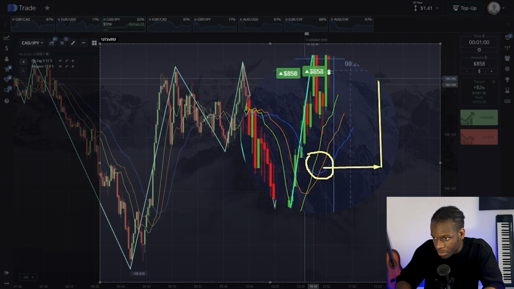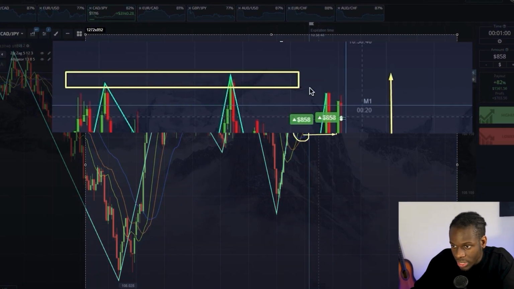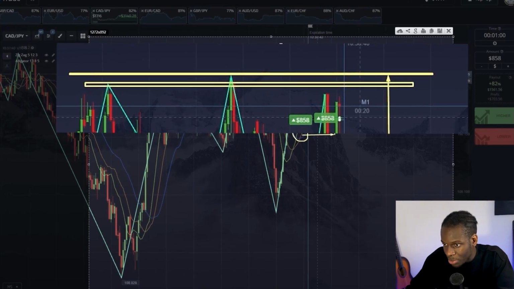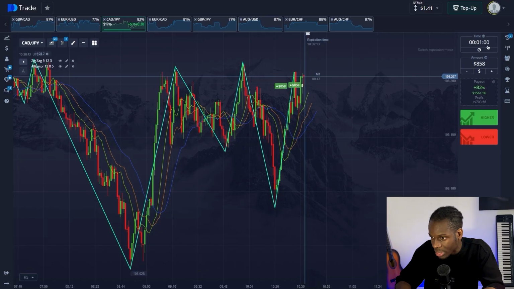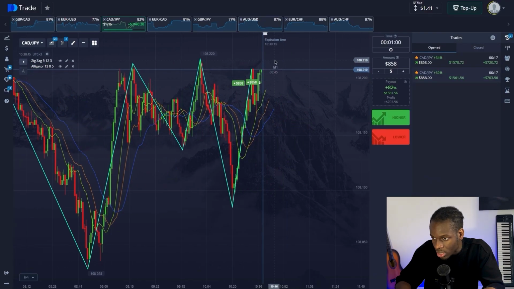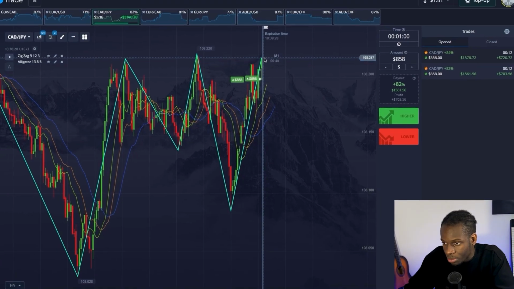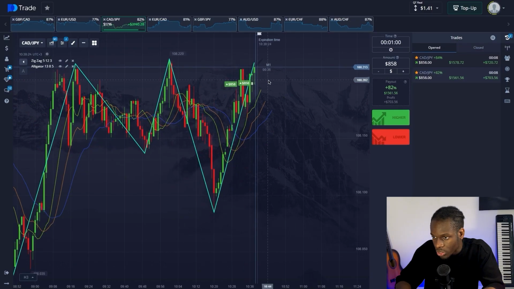And if we check over here, we can also see that there is a strong resistance level right here. You can see the previous touch points, and so we can expect price to go retest those areas before going down, and that's why I took the trade. So price is trying to update the local maximum at those previous touch point areas.